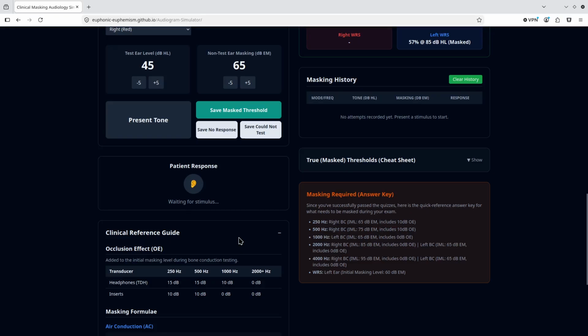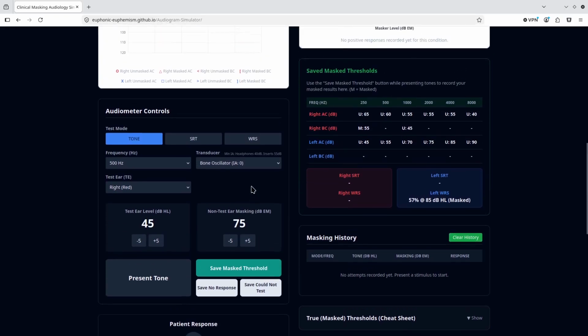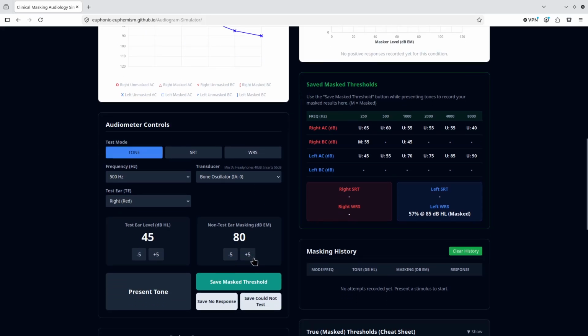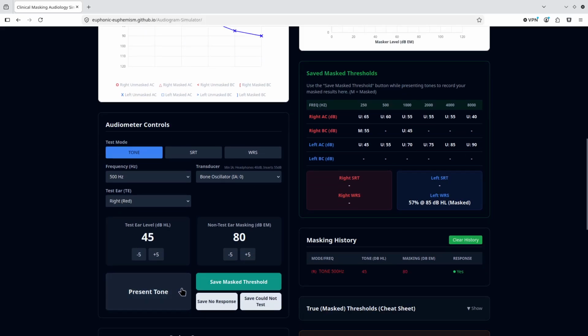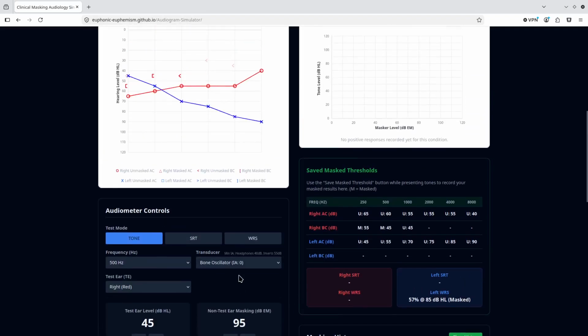So occlusion effect is 10 dB. We'll add 10 there. And then we could add a 5 dB safety factor if we'd like. And so we'll present the tone, we get a response. Let's make the masker higher, get a response. Masker higher, get a response. Masker higher, we got a plateau. So we're going to save our mask threshold. See how much easier inserts can be.